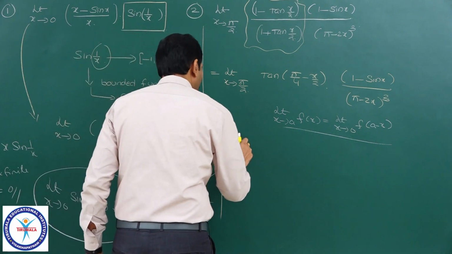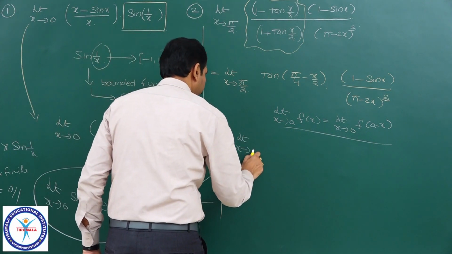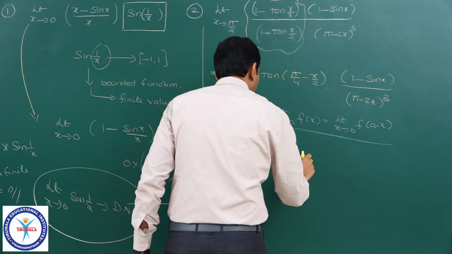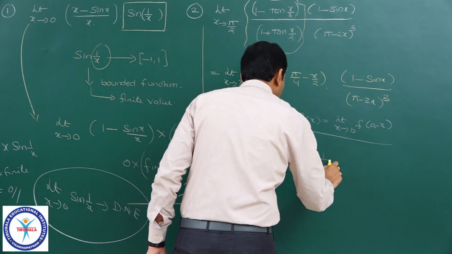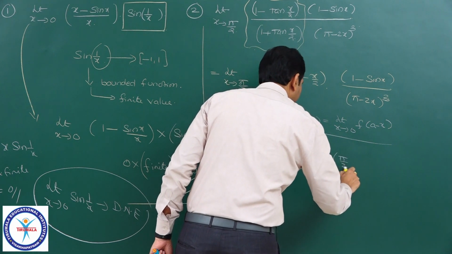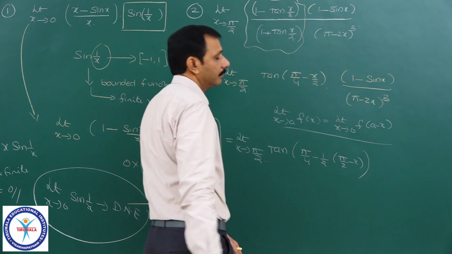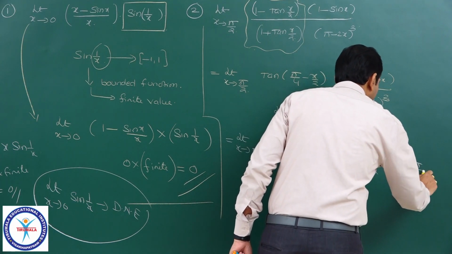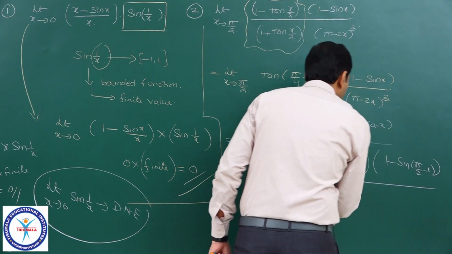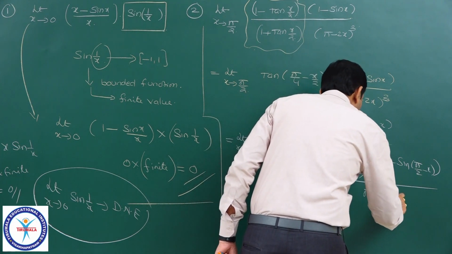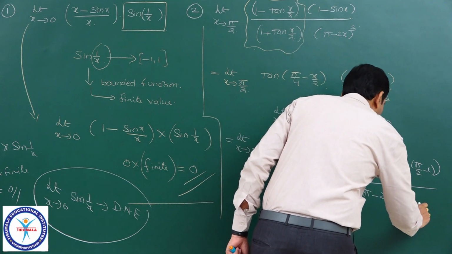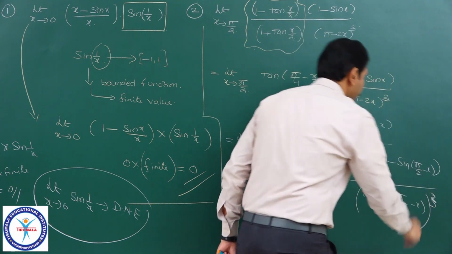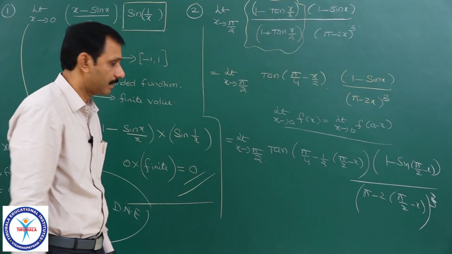It is equal to limit as x tends to pi by 2 of tan of pi by 4 minus 1 by 2 into pi by 2 minus x, into 1 minus sine of pi by 2 minus x, by pi minus 2 into pi by 2 minus x whole cube. This is whole cube. Now observe this.